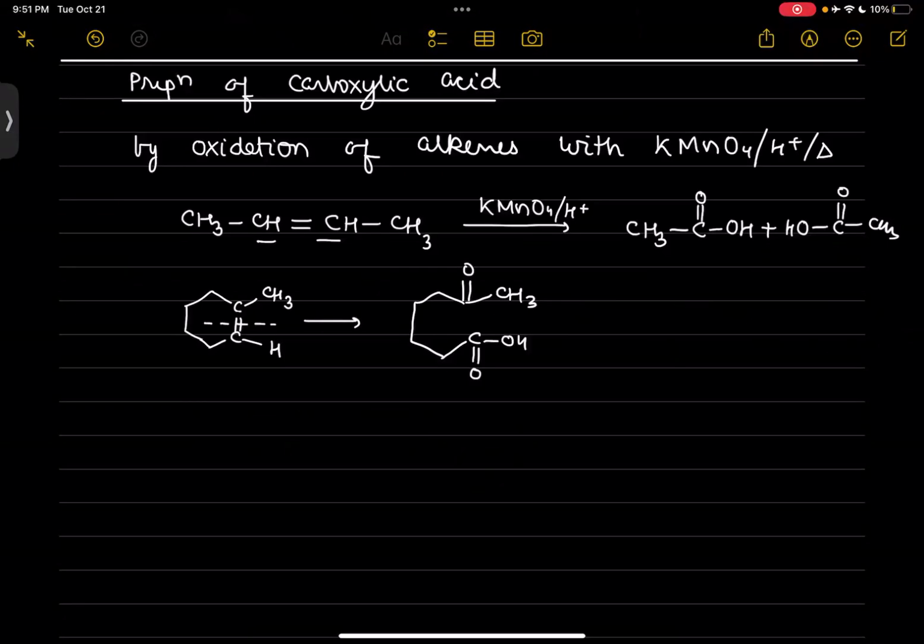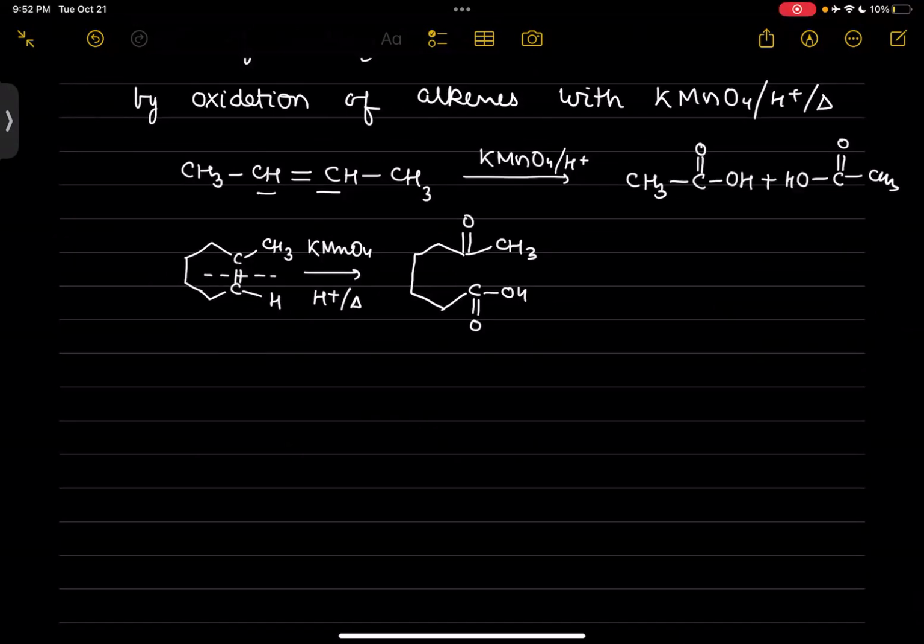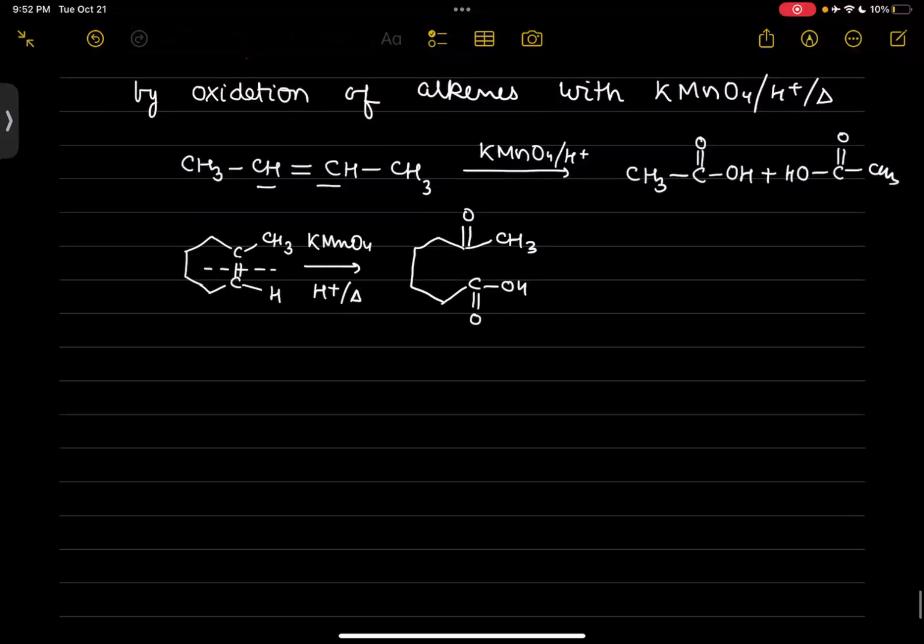Got it? Clear? Okay. So this is oxidation of alkenes.